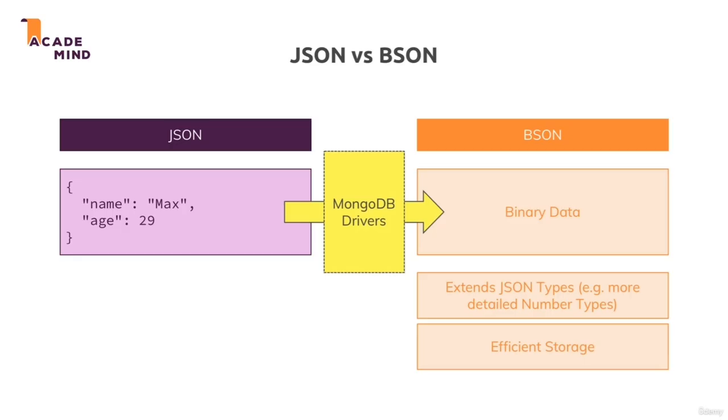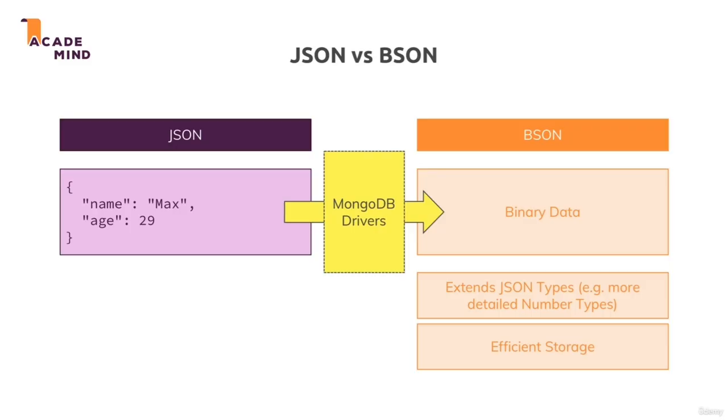And this is simply done because, for one, it is more efficient to store than JSON data. So it's faster and more efficient from a space, from a size perspective. And additionally, it supports additional types. Because, for example, that object ID thing we saw in the last lecture is not valid normal JSON.